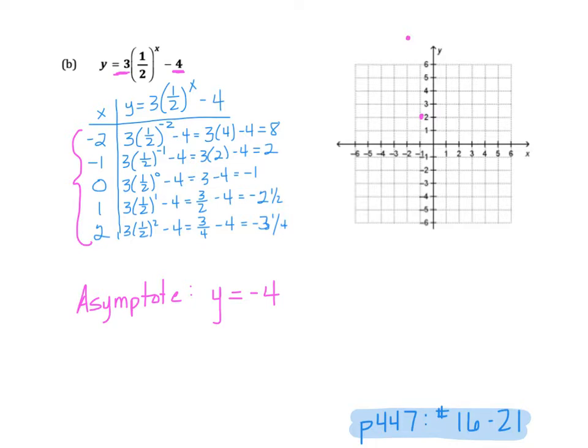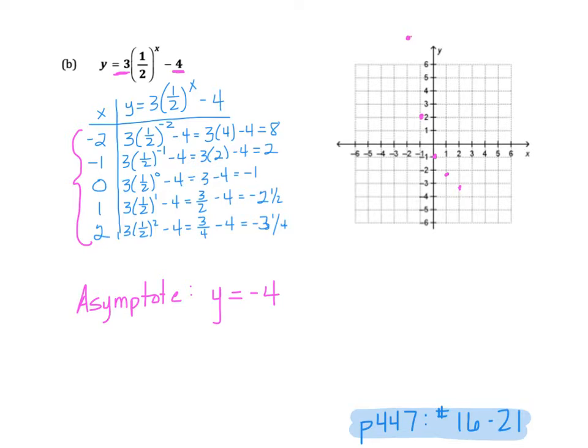Let's see, when x is 0, y is -1. When x is 1, y is -2.5. And when x is 2, y is -3.25. And where that is heading is down to that line, y equals -4.